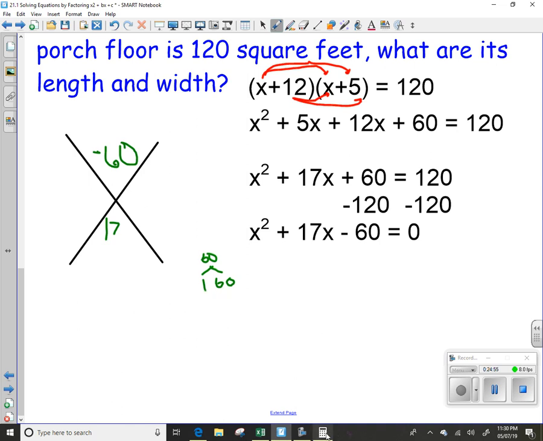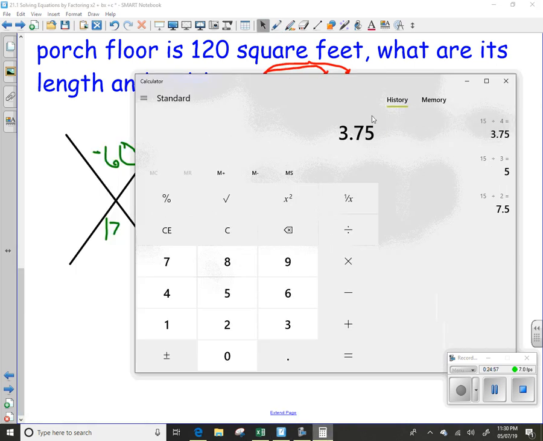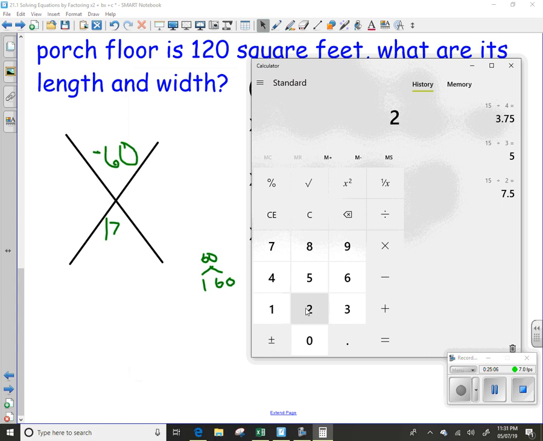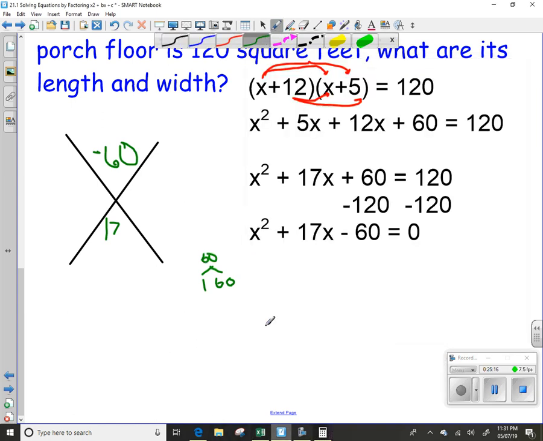So 1 and 60 here. I'm going to clear out everything here. So we've got to remember we're doing 60, so I would do 60 divided by 2, just trying to show you guys. So there's 30. So I'd have here in my list, 2 and 30.